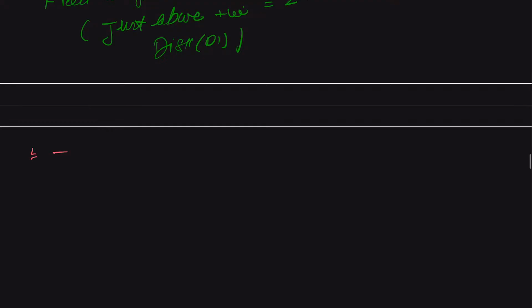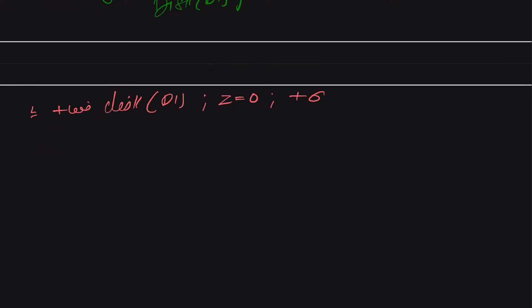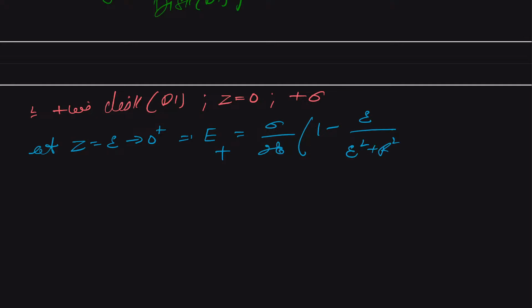Let us rewrite the electric field formula with respect to the given condition. For our positive disk D1, which is at z is equal to 0, the charge density is plus sigma, and we are going to find the field at z is equal to epsilon, very close to 0 positive, just above. The electric field will be equal to sigma upon 2 epsilon naught times 1 minus epsilon divided by the square root of epsilon square plus R square.